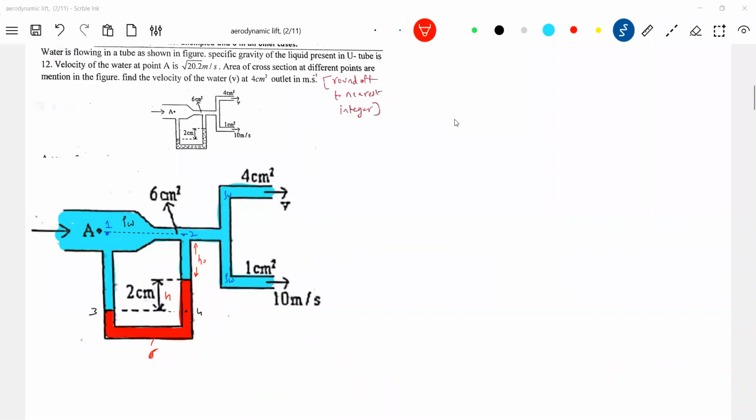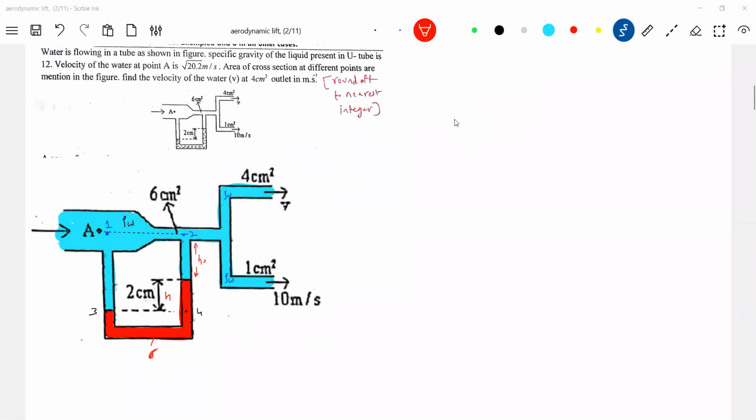Flow rate at 1 should be equal to the flow rate at 5 and 6.